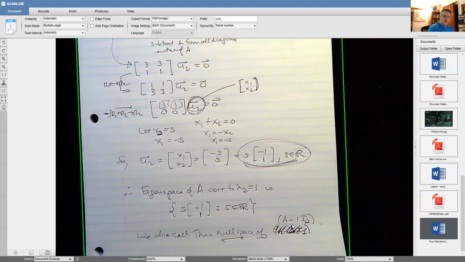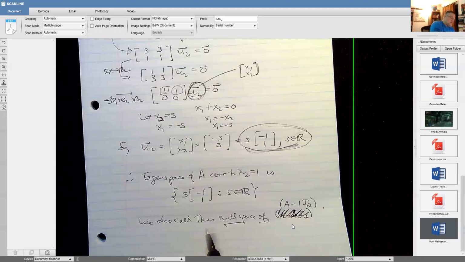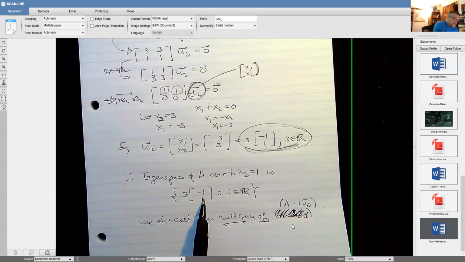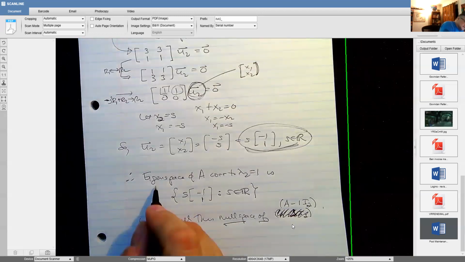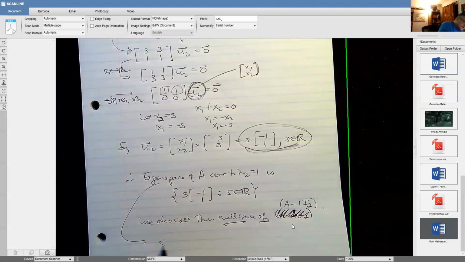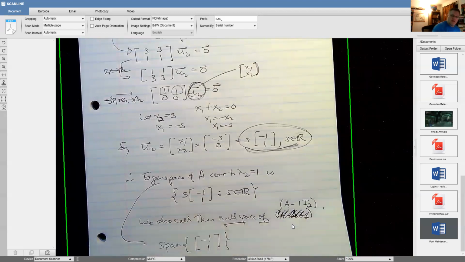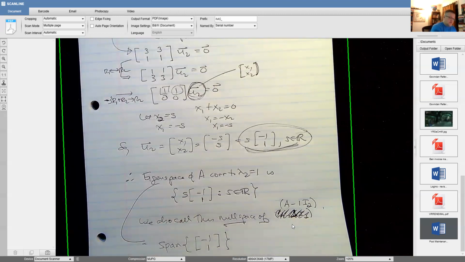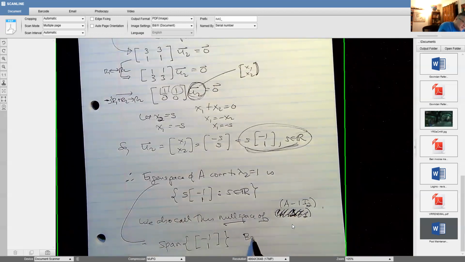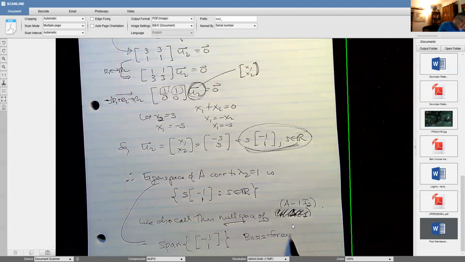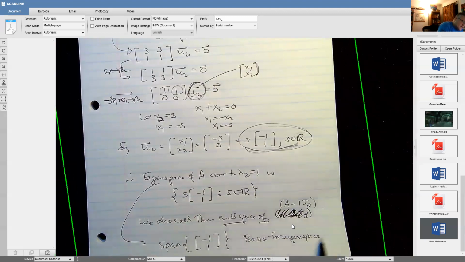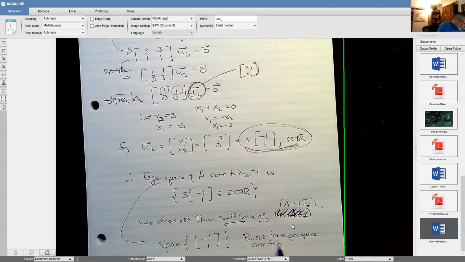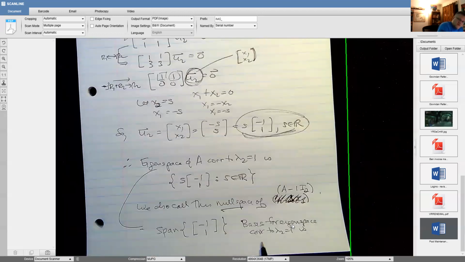One further thing we can say, notice that the eigenspace is just the scalar multiples of that particular vector. And so technically we can say that this is the span of the set containing just that single vector. And a vector is certainly linearly independent by itself. And so a basis for the eigenspace corresponding to lambda 2 equal to 1 is just that single vector.